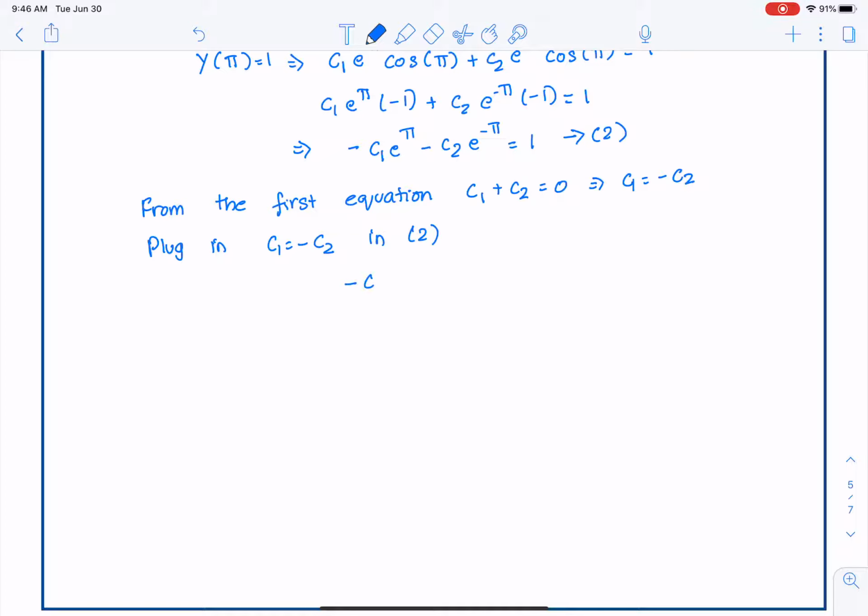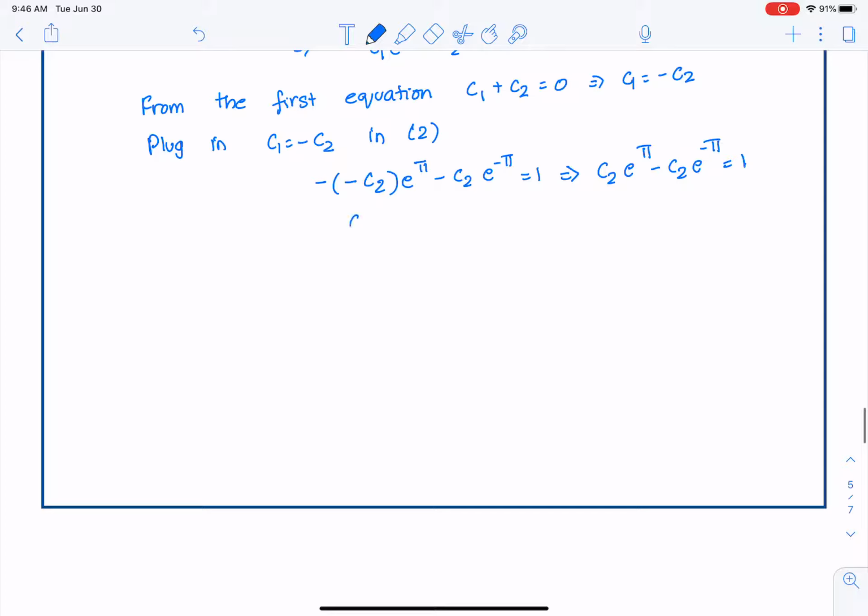So minus c2 times minus e raised pi minus c2 e raised negative pi would equal 1, which would mean c2 e raised pi minus c2 e raised negative pi equals 1. c2 times e raised pi minus e raised negative pi would equal 1, which would imply c2 is 1 over e raised pi minus e raised negative pi.